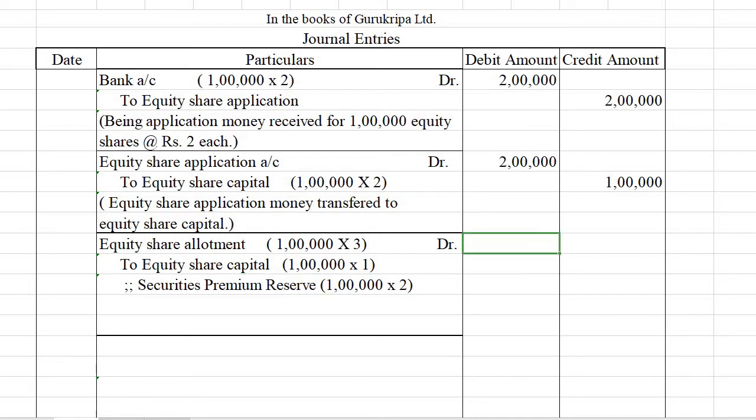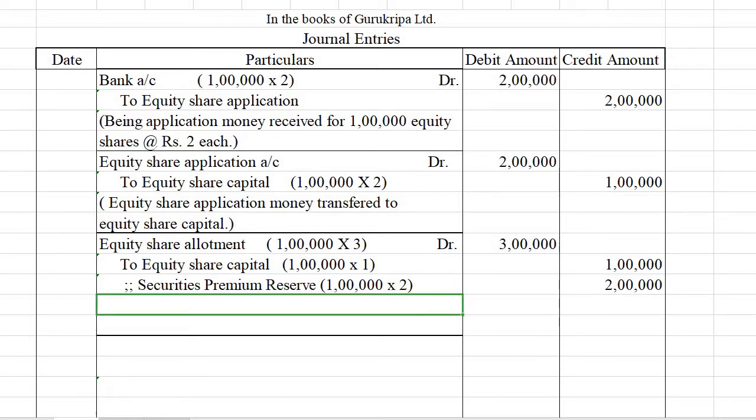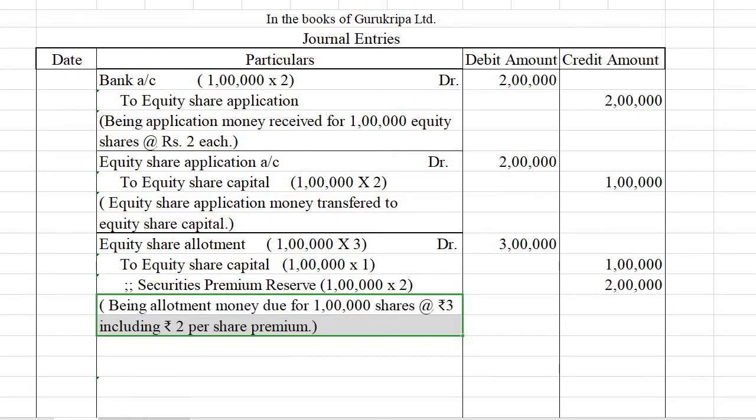Equity share allotment 3 lakh is the amount we have written here in brackets for understanding purposes. It is not compulsory to write like that. Allotment: capital value 1 lakh and premium 2 lakh. Being allotment money due for 1 lakh shares at the rate of rupees 3 including rupees 2 premium.